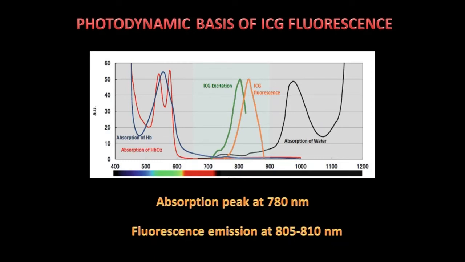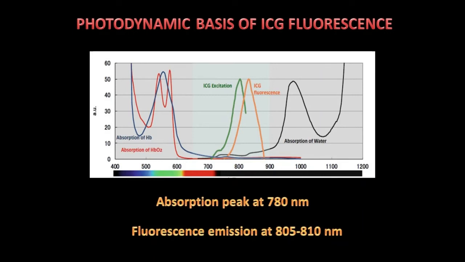For tissue measurement, hemoglobin and water are the main absorbing molecules. Hemoglobin strongly absorbs light at wavelengths shorter than 650 nanometers, while water absorbs light at wavelengths longer than 900 nanometers. The wavelength between 605 and 900 nanometers, termed the optical window, has high transparency because of low light absorbance by hemoglobin and water.